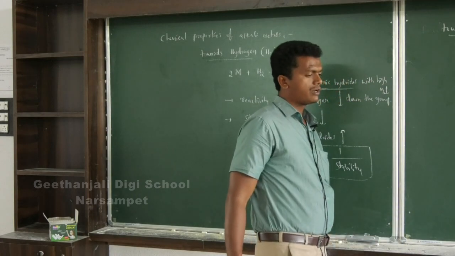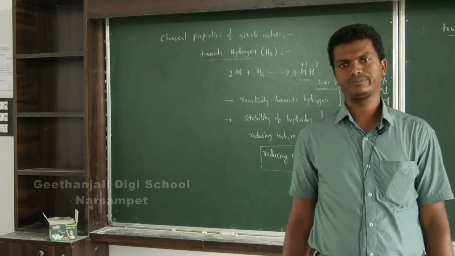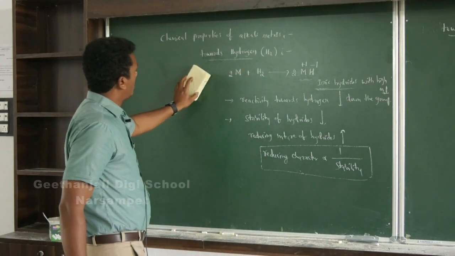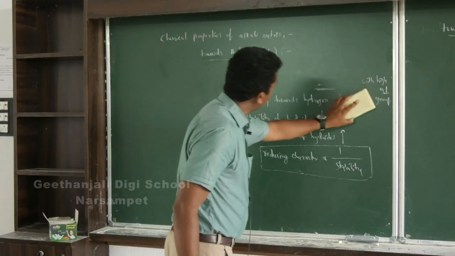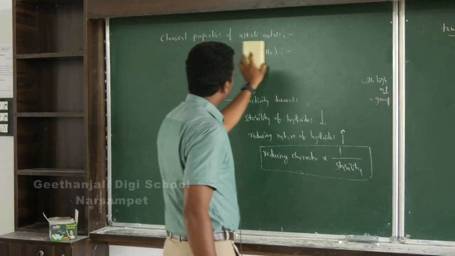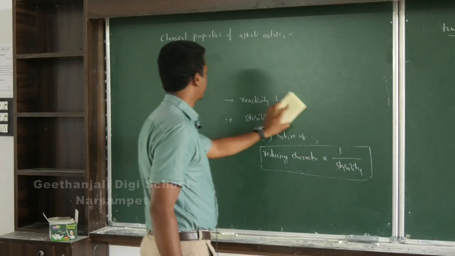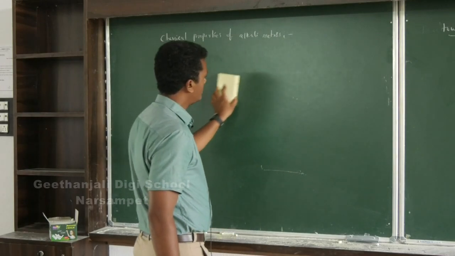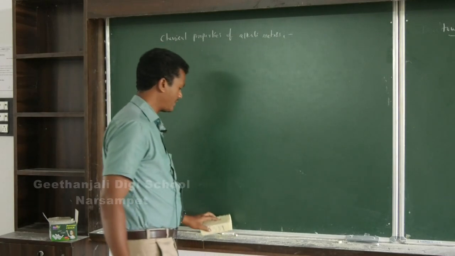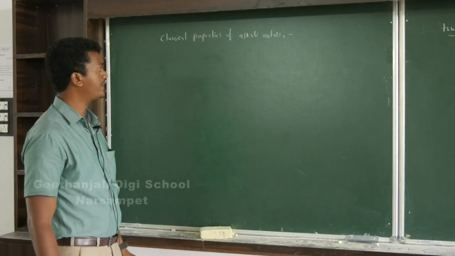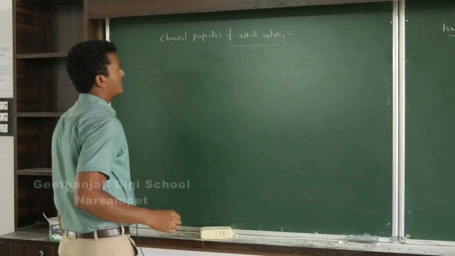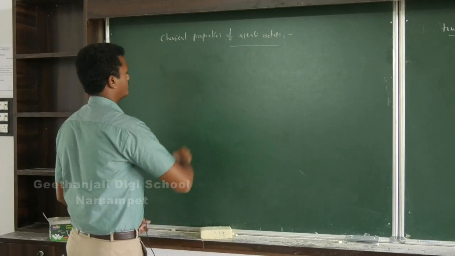Next, complex formation. Alkali metals have some ability to form complex compounds. Formation of complex compounds is the characteristic property of transition metals, however these alkali metals also form complex compounds.